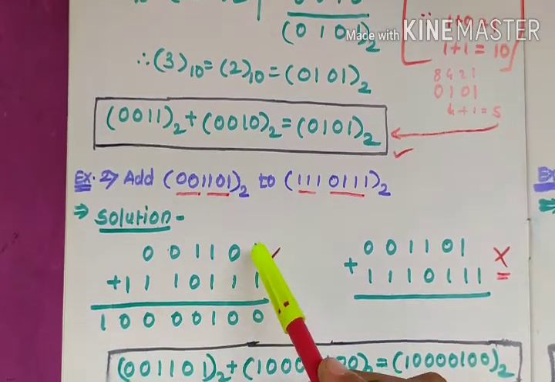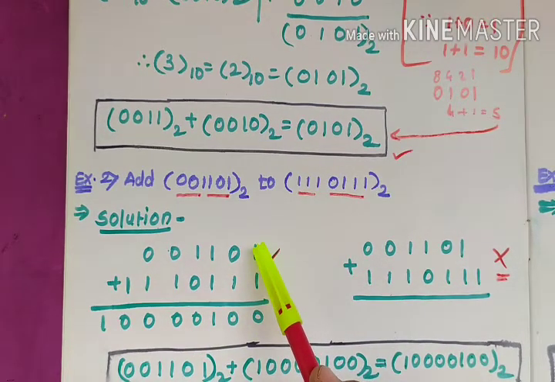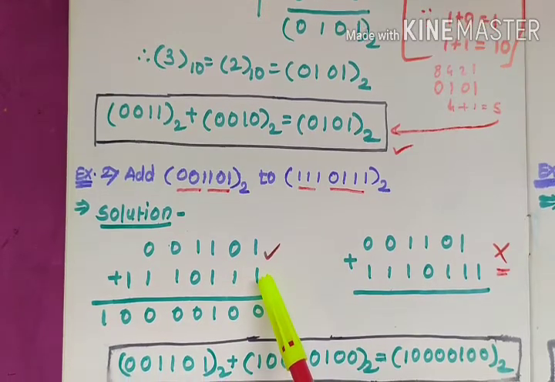In this way you have to write the LSB of the first number and the LSB of the second number.